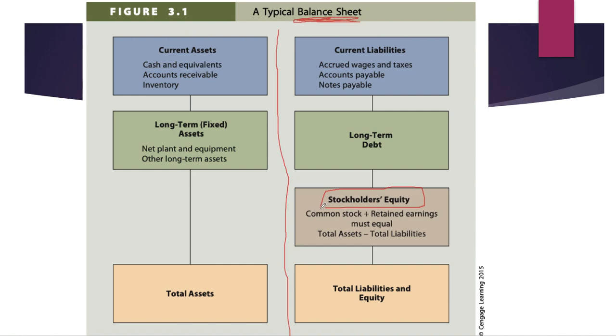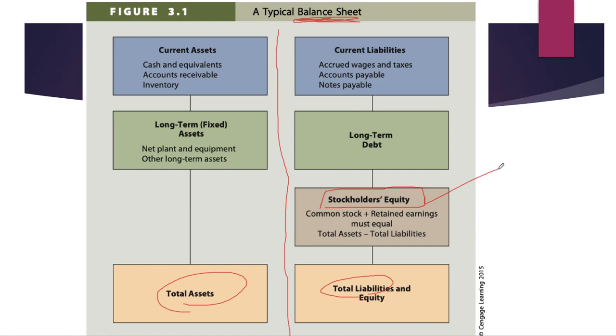So we have these three main items on a balance sheet overall. Just think about the total assets as one big item, and then you have total liabilities that contains all the liabilities as the second major item, and then the remaining is the equity, the stockholders' equity.